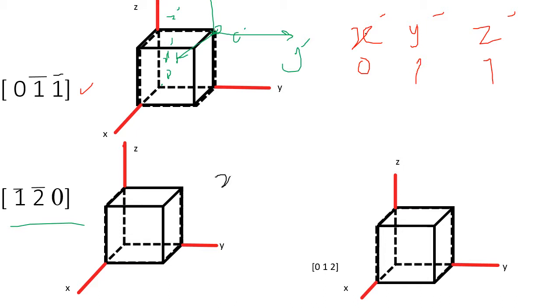For this example, let me try like this. Because we have again a bar above two numbers, we have to select new origins: x prime, y prime, and z prime. So x prime is equal to 1, y prime equal to 1, and z prime itself is 0.